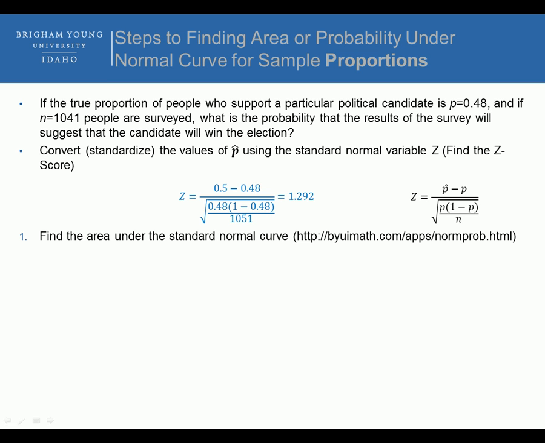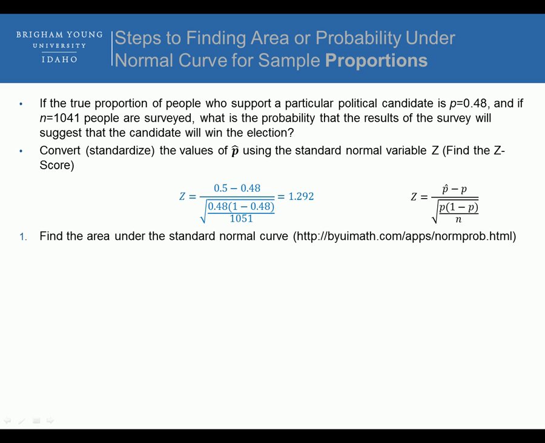That's why I put in 0.5 for the z-score. So we take 0.5 minus our population proportion, 0.48, and divide by the standard deviation of the distribution of sample proportions, using the formula on the right. We plug in 0.48 for p and 1,041 for n, and we get a z-score of 1.292.